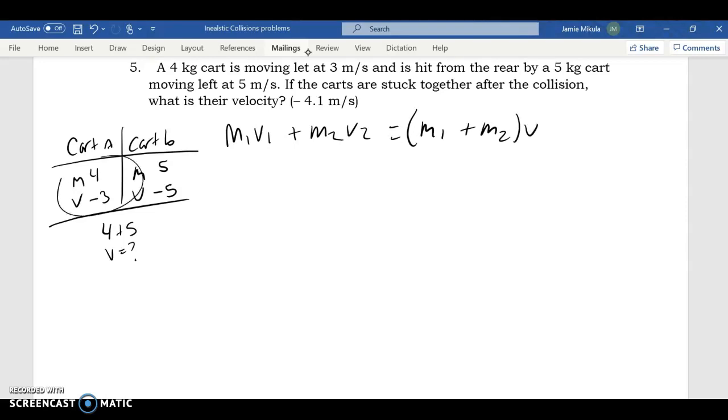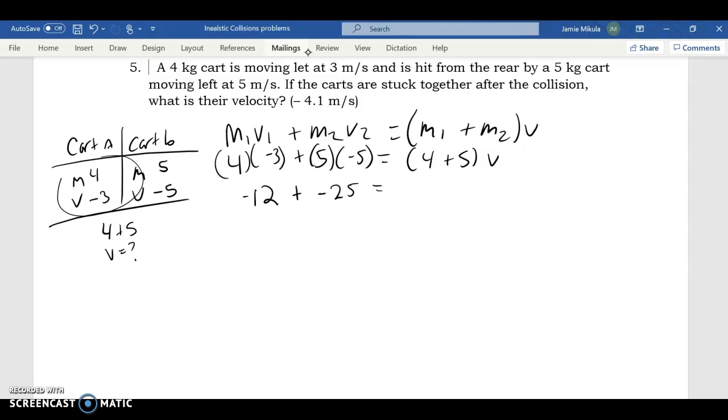So I'm going to look at this first box first. So 4 and negative 3 plus 5 and negative 5 equals (4 plus 5) v. So negative 12 plus negative 25 equals 9v.